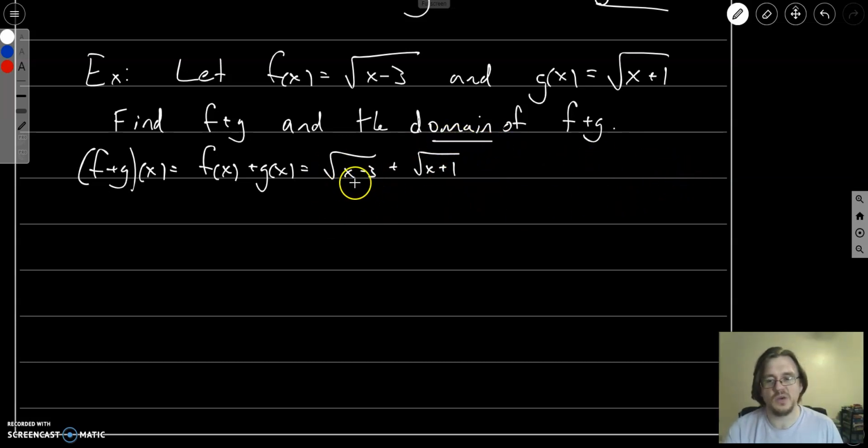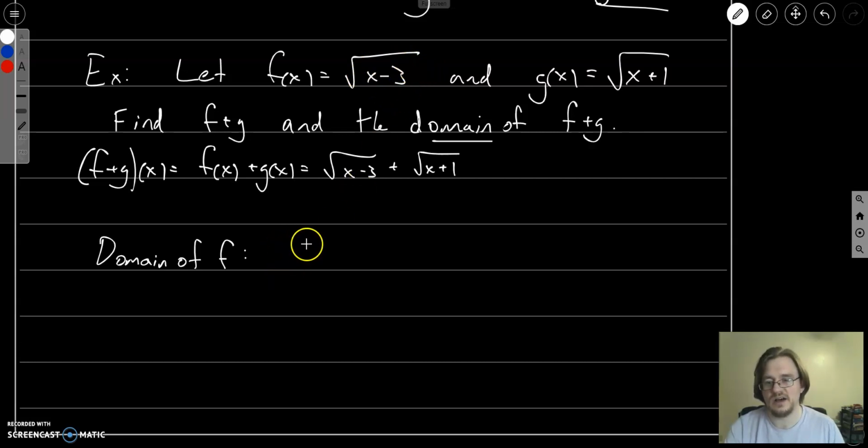So we need to figure out what numbers can we plug into f, and at the same time plug into g. So for f, when I'm trying to find the domain of f, in my scratch work, I go, I can't take the square root of a negative number.